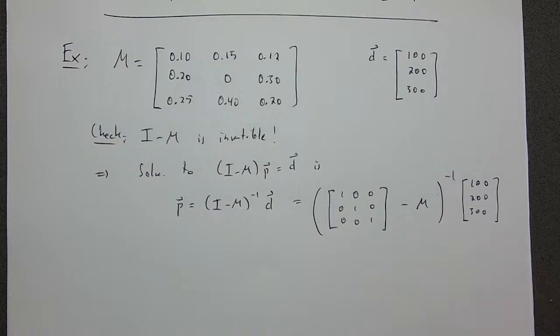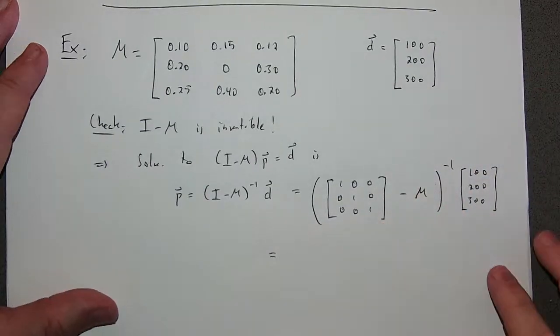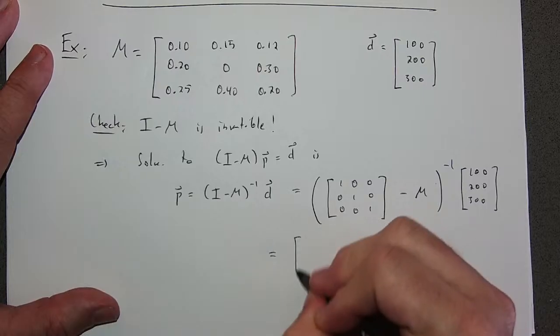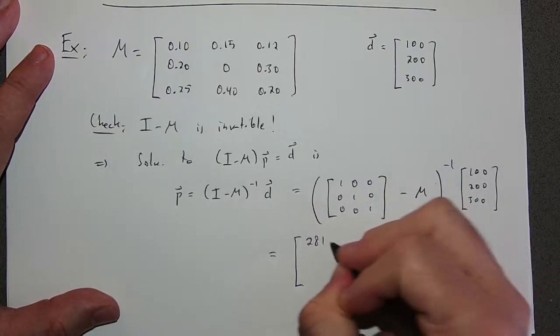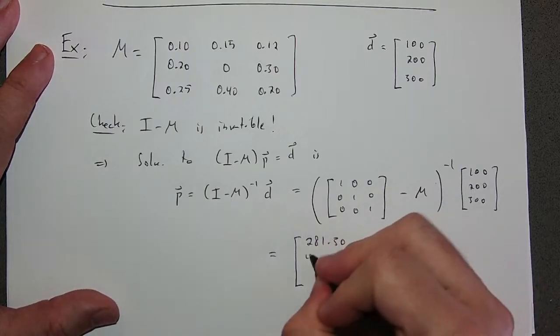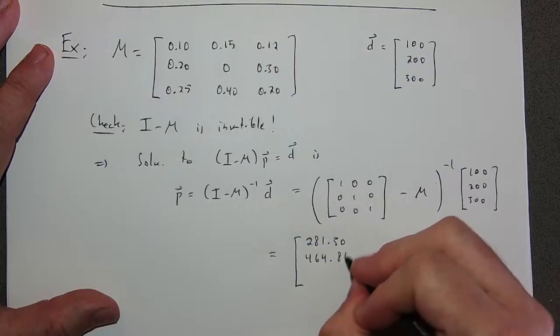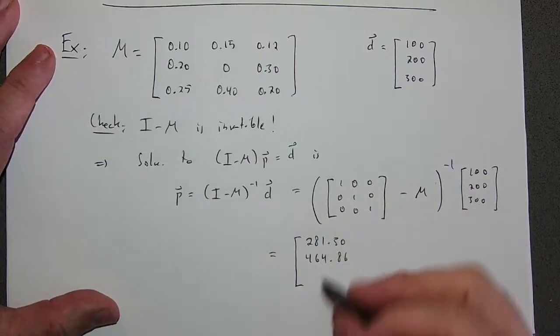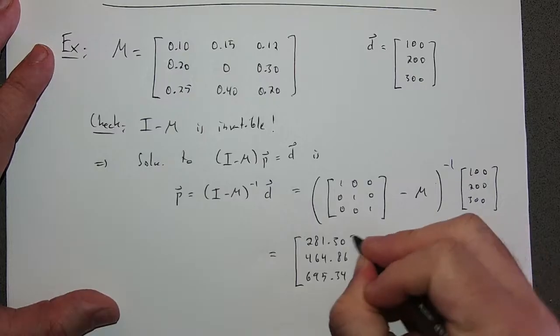You can compute this and see that it is equal to the vector 281.30, 464.86, and 695.34.